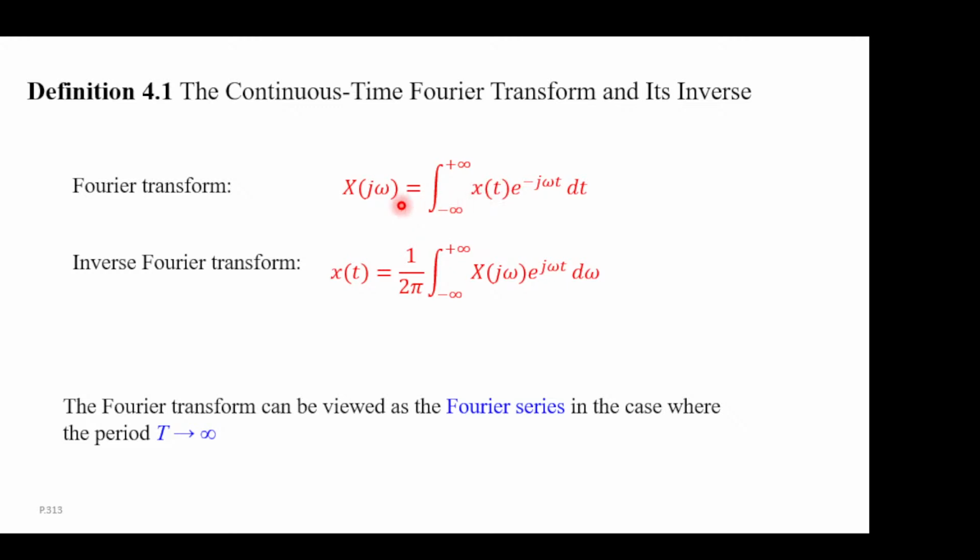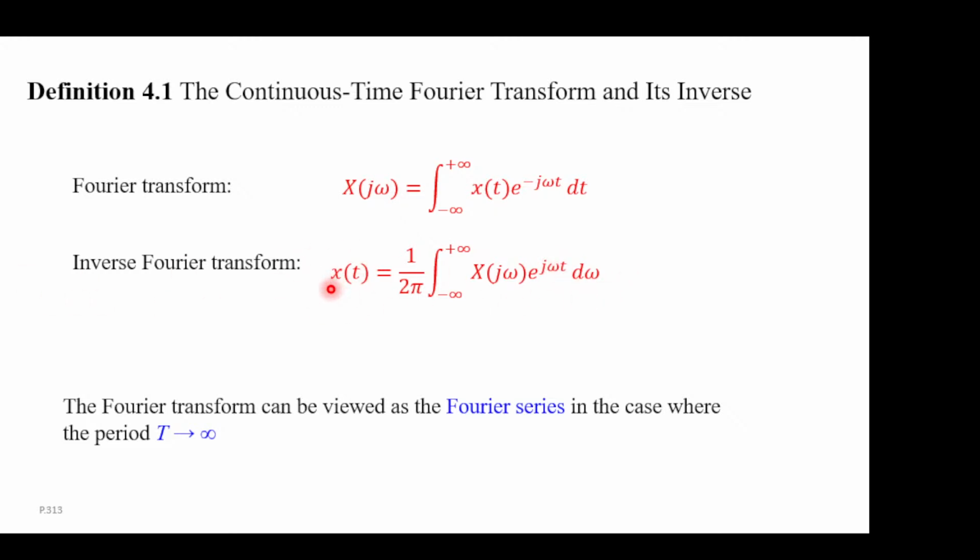So it's big X, and there is also an inverse relation where you can get your x of t. So this is actually in a different order than in our Fourier series, right? In Fourier series we have x of t as a linear combination of e to the j omega t.